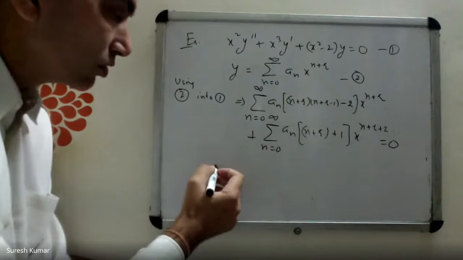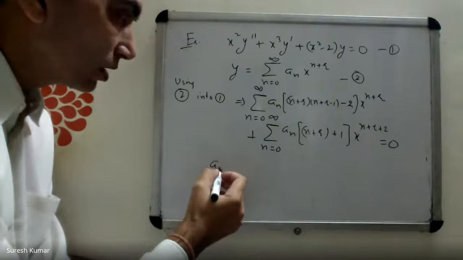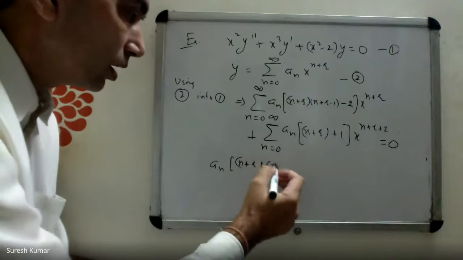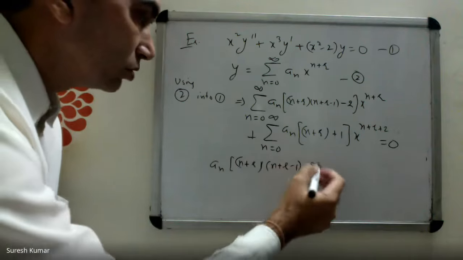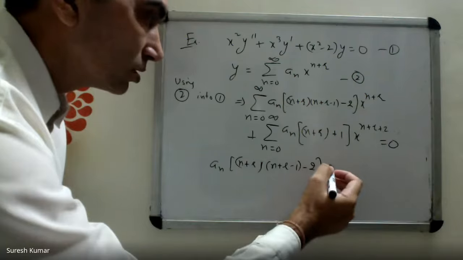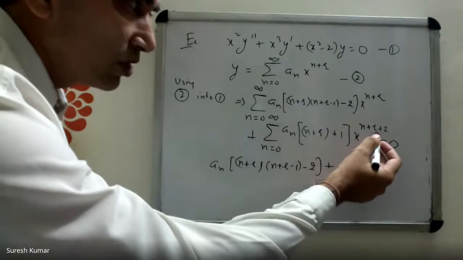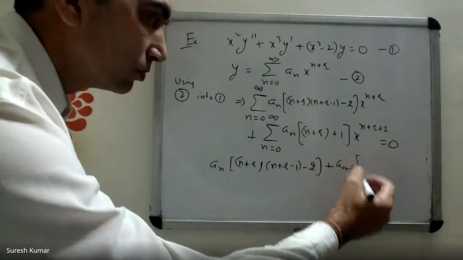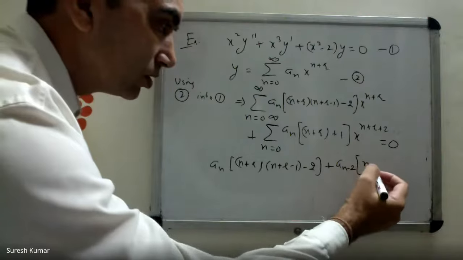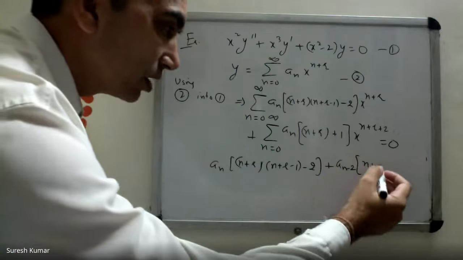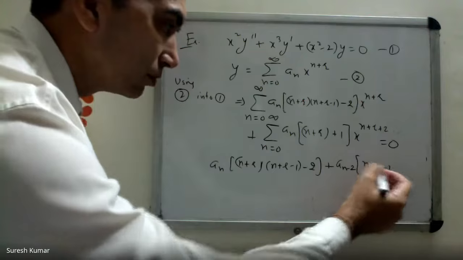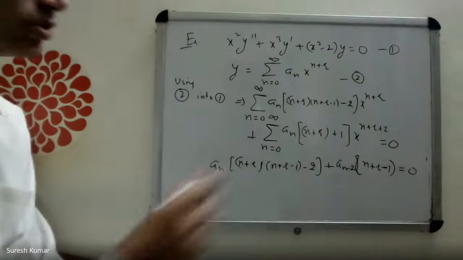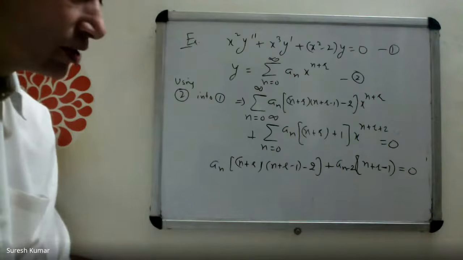Equating to 0 the coefficient of x power n plus r, you get a n times n plus r into n plus r minus 1 minus 2, plus you need x power n plus r, so change n to n minus 2, a n minus 2 times n plus r minus 1. This is your general recursion formula.